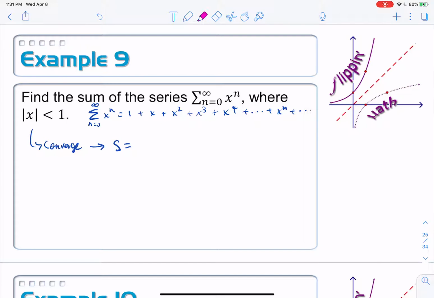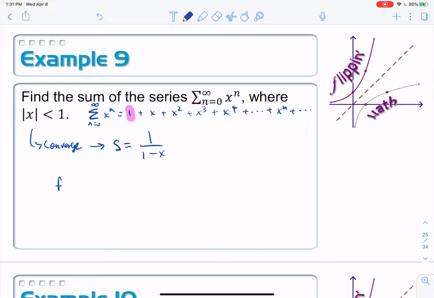Well, we just wrote out our first term. It's right there. It's 1 over 1 minus the common ratio. So in other words, this is a function. A power series is a function. This f of x equaling summation from n equals 0 to infinity of x to the n, it is equal to the function 1 over 1 minus x.